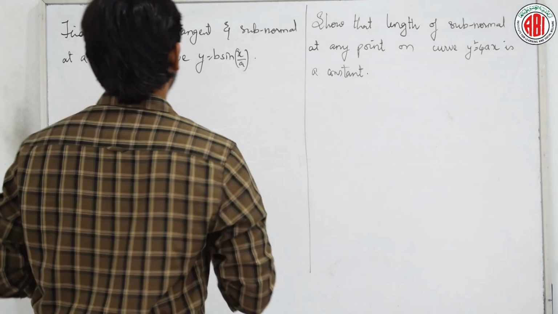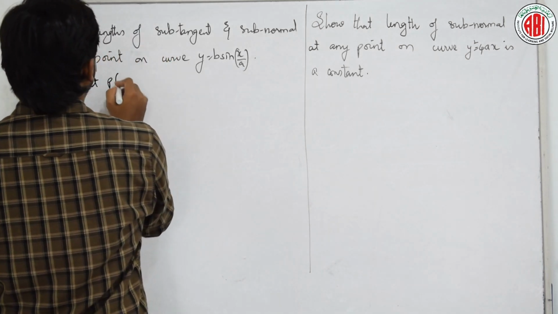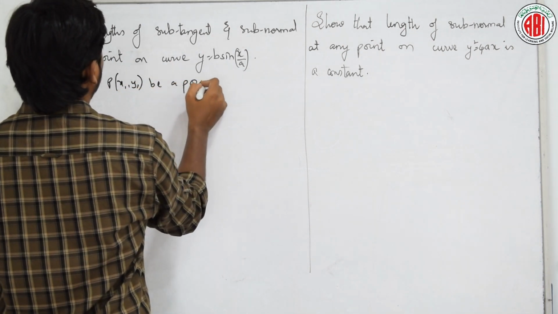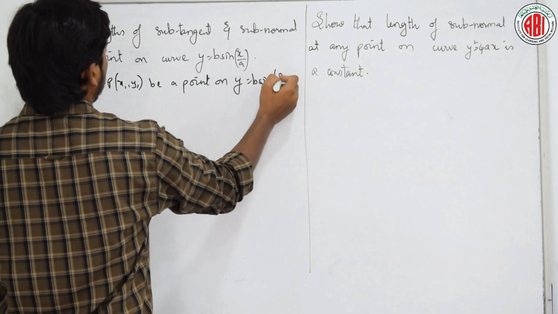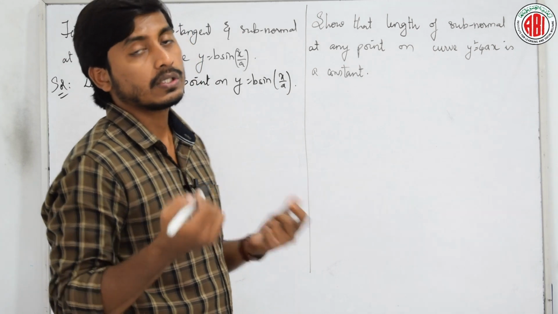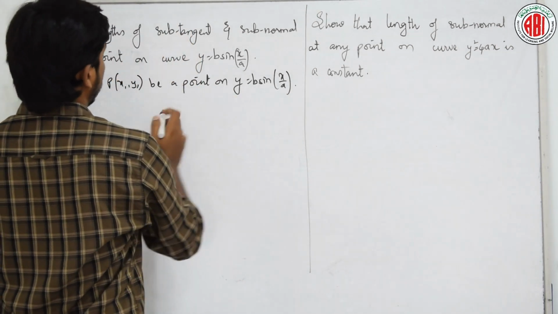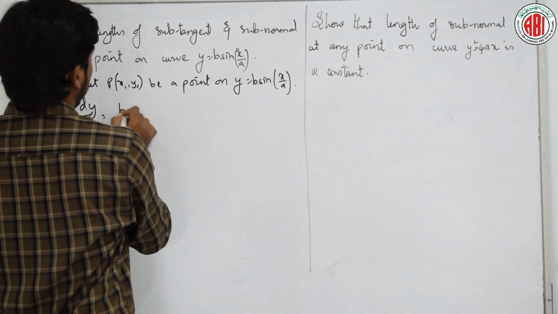So, let us assume, let P of x1 comma y1 be a point on y is equal to b sin x by a. So, let us find the slope. In order to find the slope, we need differentiation on both sides. Therefore, I will get dy by dx is equal to, b is a constant.